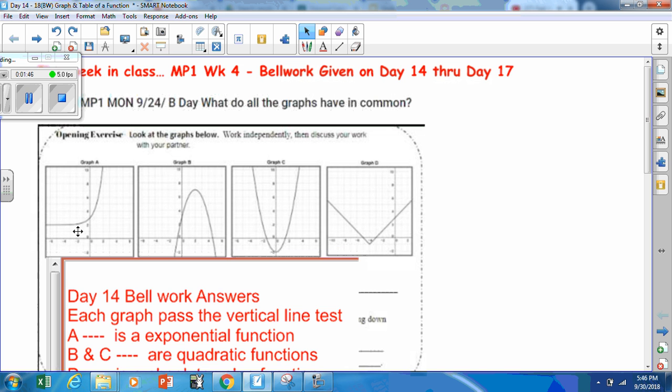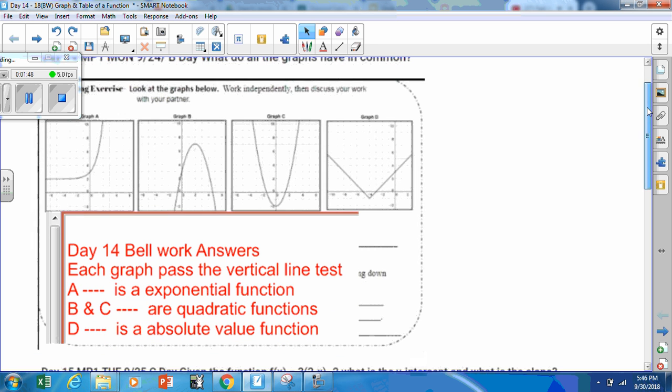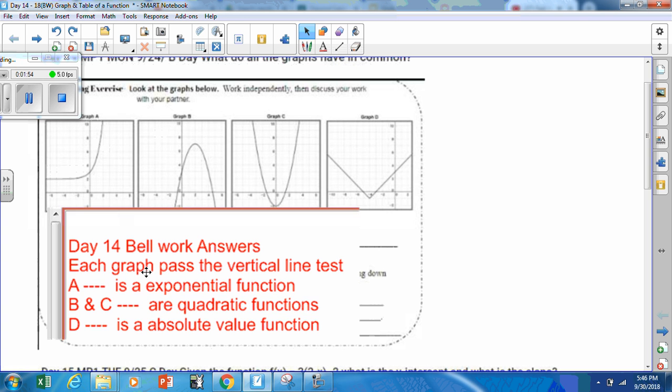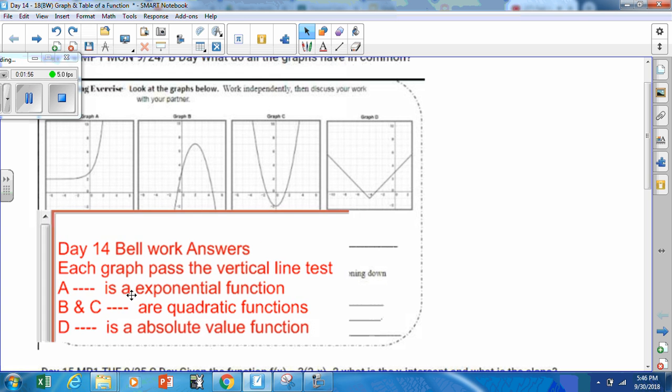B represents a negative quadratic function, and C represents a positive quadratic function, based on the direction they open up in. D is that V shape that you guys are familiar with. That represents an absolute value function. So real quick, if we had this V upside down, might it be positive or negative? What do you guys think? All right, let's move on.